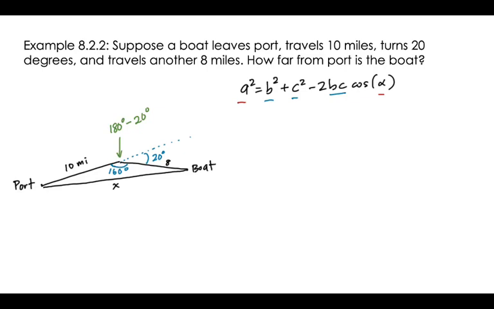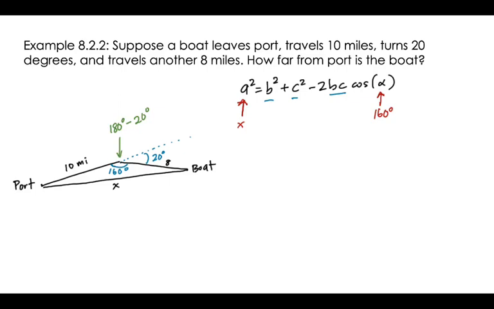Since I know angle 160, that's the only angle that I've got in my triangle, then the side across from it has to be over here on the left. That's got to be my X. I'm locked into that because I can't find those other two skinny angles at the port or the boat.